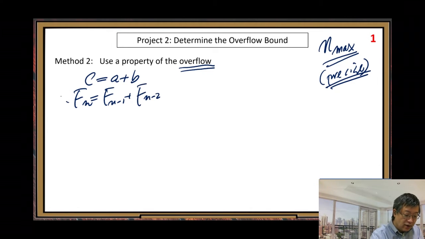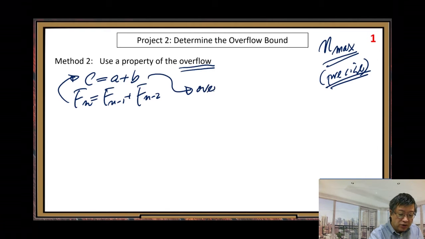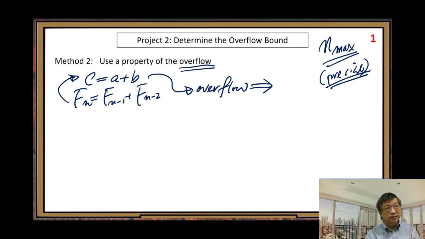So here, let us use the general C equals A plus B. When A and B are very large, this operation may cause some overflow issue. When overflow happens, what will you get?